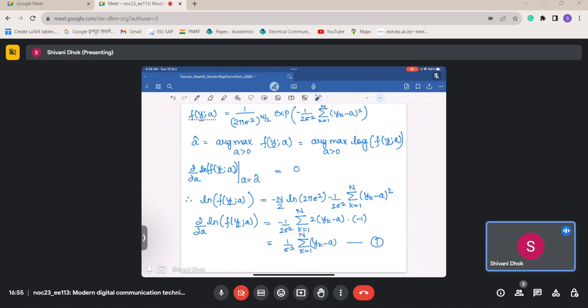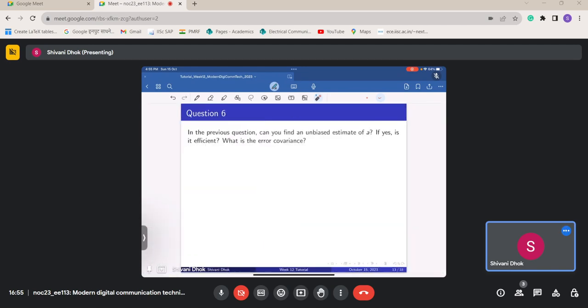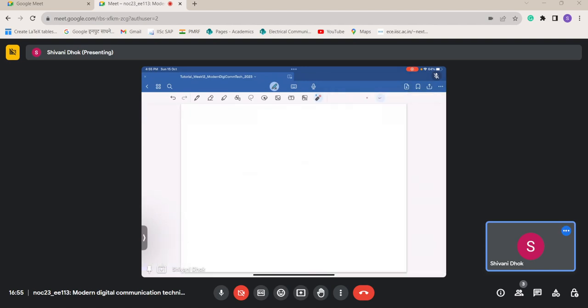So this was 1 by sigma squared, summation k equal to 1 to N, y_k minus A. So from equation 1 of the previous question, we have del by del A of log of f of y given A equal to 1 by sigma squared, summation k running from 1 to capital N, of y_k minus A.